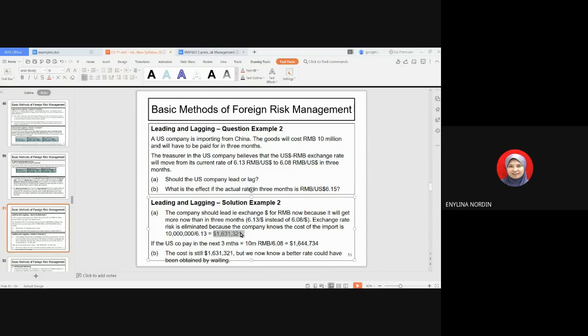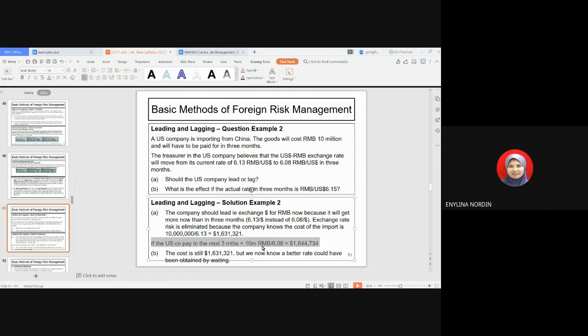But what happens if the US company pays the China supplier in the next 3 months, and assume that the prediction is correct, which is the RMB is predicted to appreciate from 6.13 RMB to 6.08 RMB?